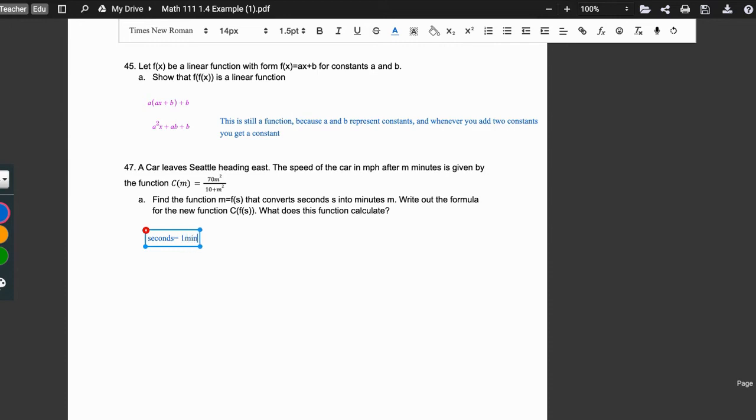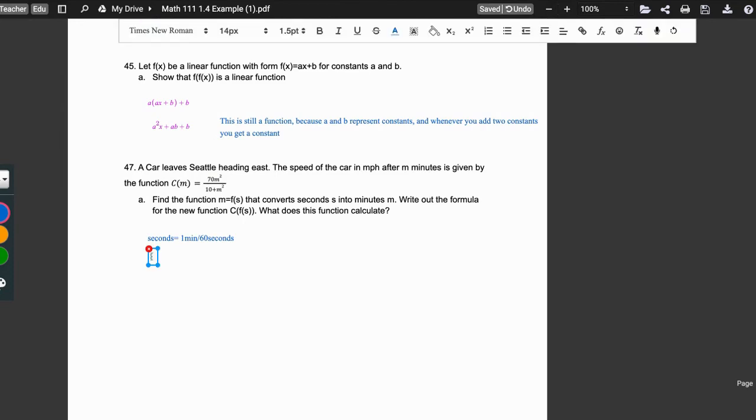To get minutes, I put 1 minute over 60 seconds. You guys probably did this in physics, and that would cancel out my seconds and give me minutes. So this right here is what we are going to use as our conversion factor. We're going to use this as our function.